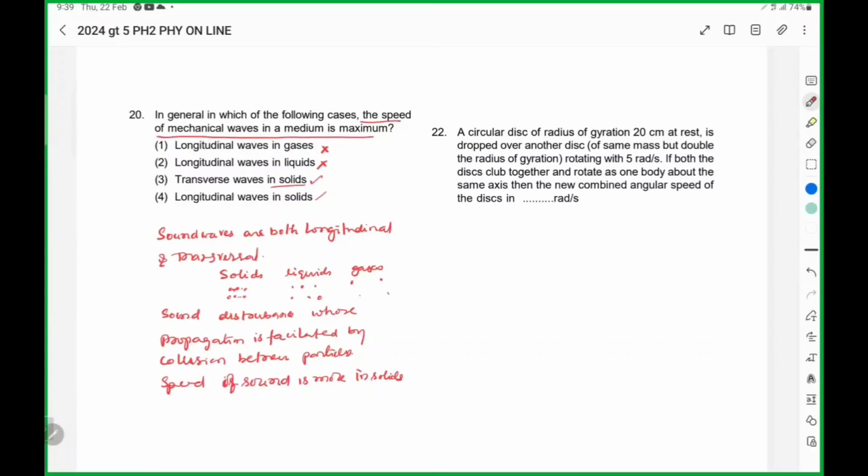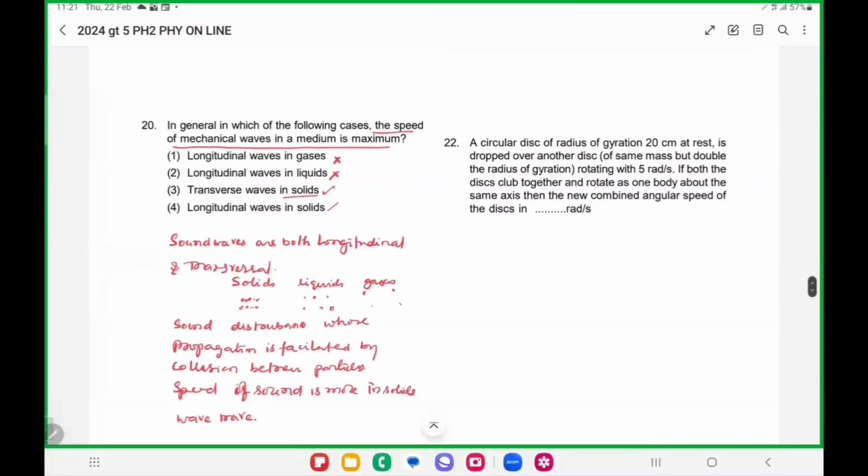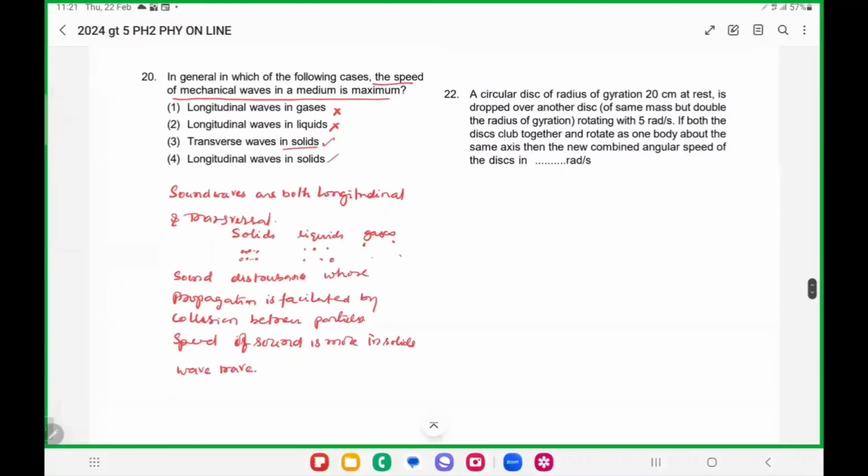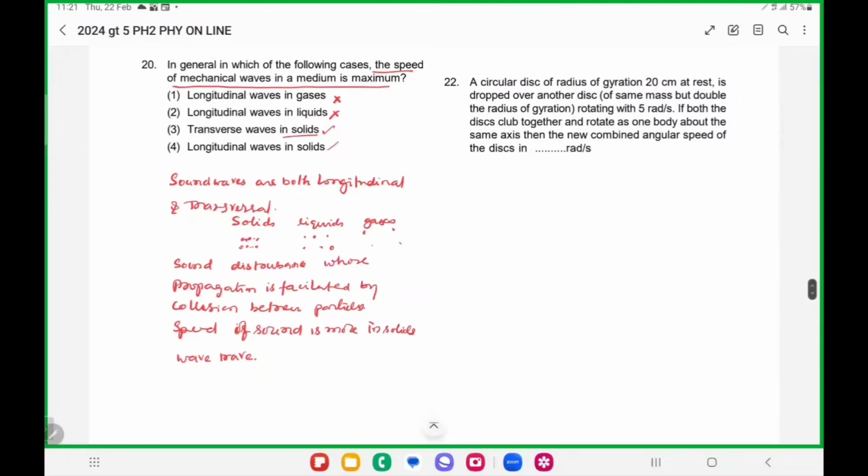So here, how to separate? The speed of mechanical waves: transverse wave in solid has more speed or longitudinal wave in solid has more speed.